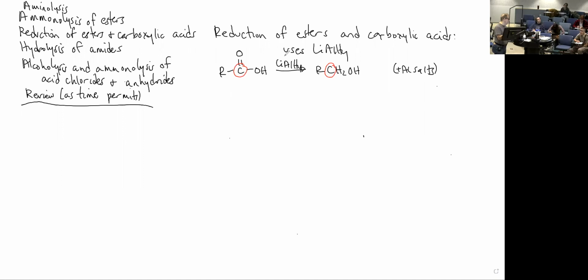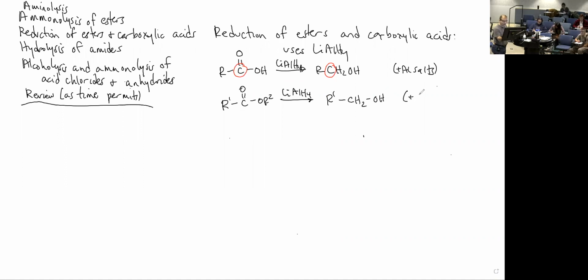We just call it LAH because it is hard to say. Lithium aluminum hydride. But the same is true of esters. And I should have said, since someone was asking about the R1 and R2 groups, they can be the same or different for an ester. But again, the reagent of choice is LAH, and you will get, as your organic product, the corresponding primary alcohol.